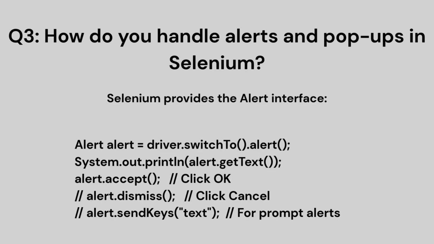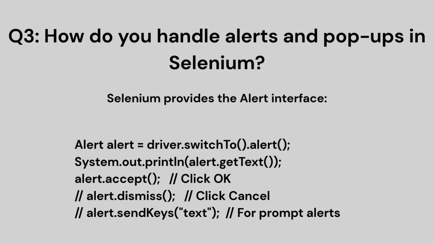Now question number 3, how do you handle alerts and pop-ups in Selenium? Selenium provides the Alert interface, and using this Alert interface we can handle the alerts and the pop-ups in Selenium.